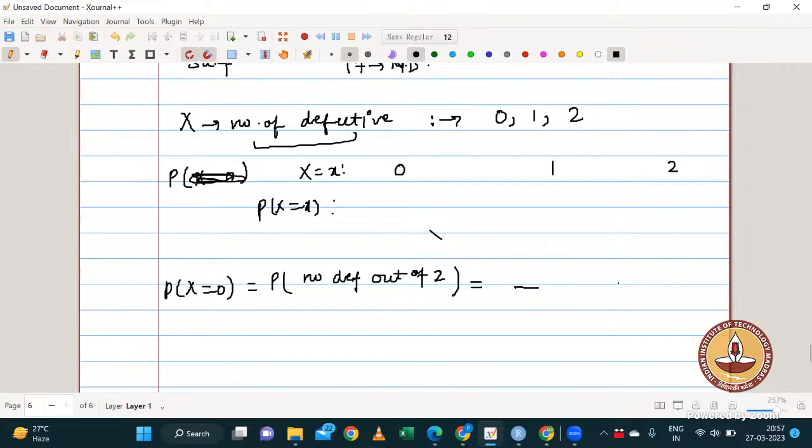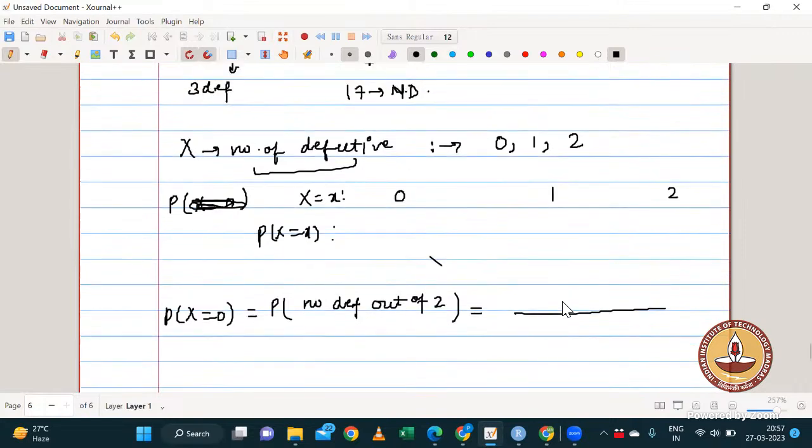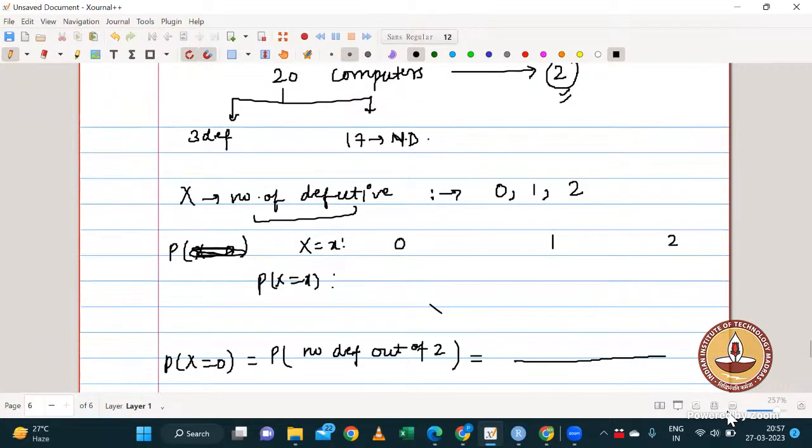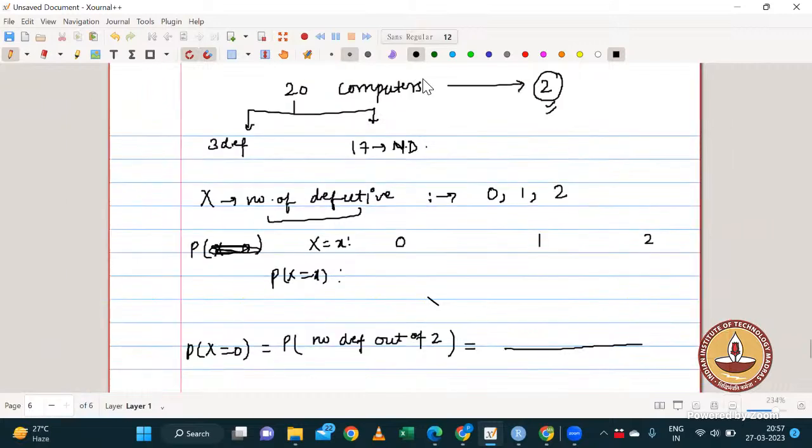Basically, favorable cases divided by total cases. What is the total number of cases for selecting the 2 computers? 20C2. I'm asking about the total.